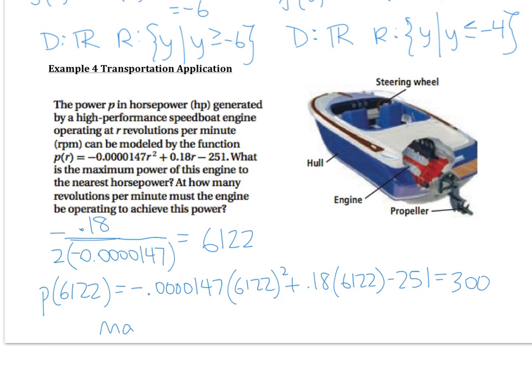So the max is 300 horsepower at 6,122 RPMs.